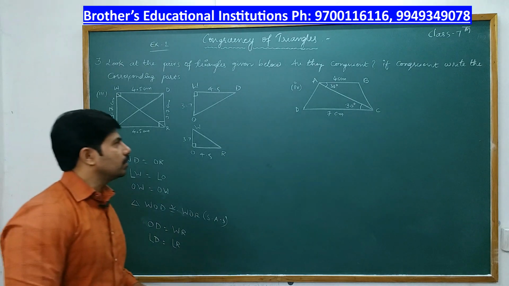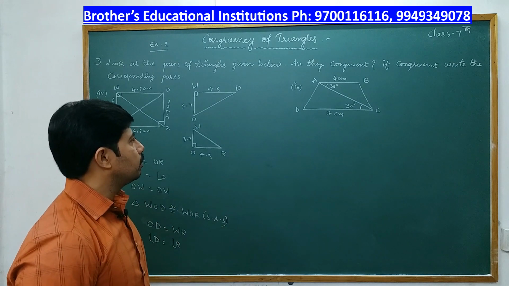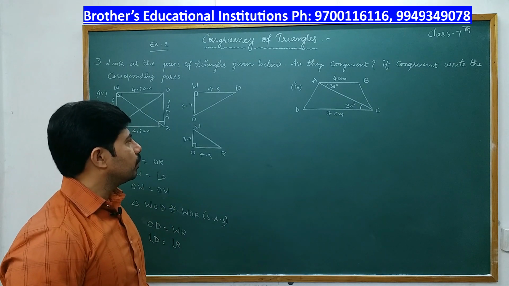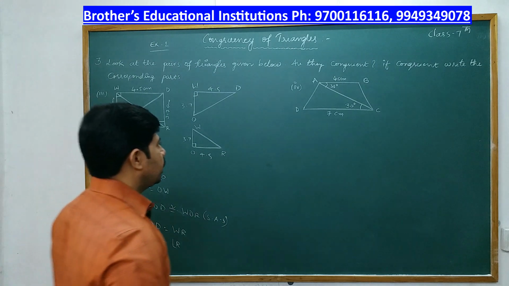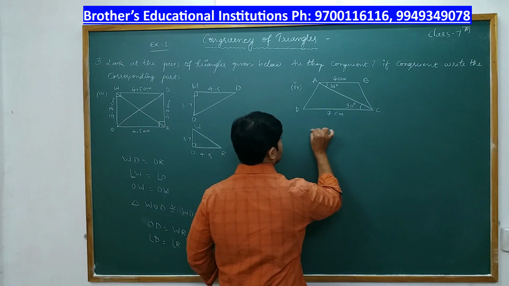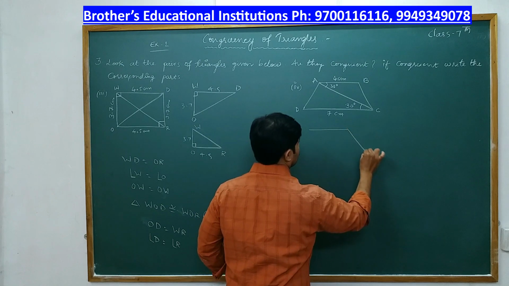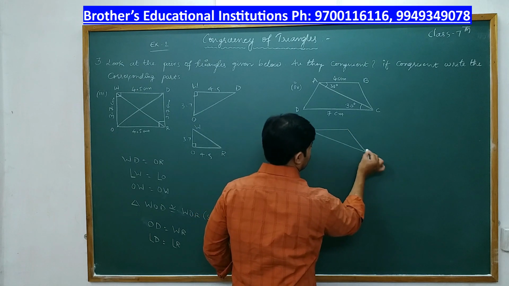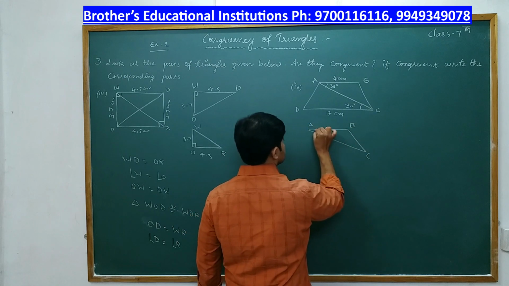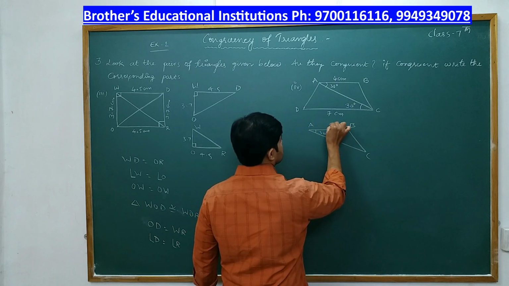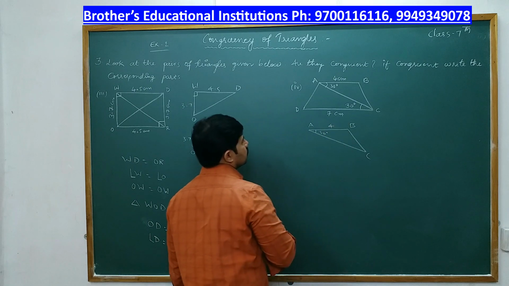Then after that we have the next problem. It is a trapezium. Now we need to prove whether these triangles are congruent. So we take the diagrams like this. A, B, C, this is 30 degrees, this is 4 centimeters.